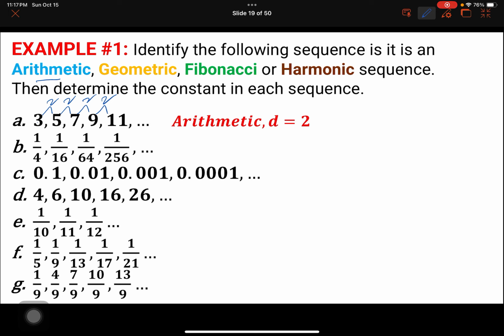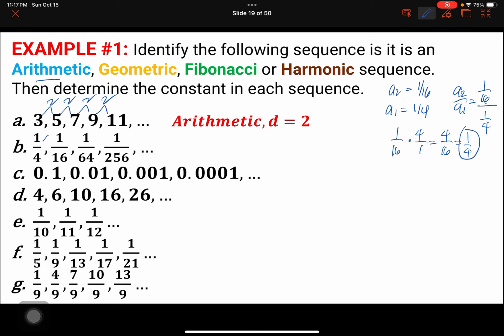On letter B, so we can have A2, which is 1 over 16, and A1 is equal to 1/4. So if we divide A2 by A1, ano mangyayari? 1 over 16 divided by 1/4. So magiging equal siya sa 1 over 16 times 4 over 1, or 4 over 16, equal pa rin sa 1/4.